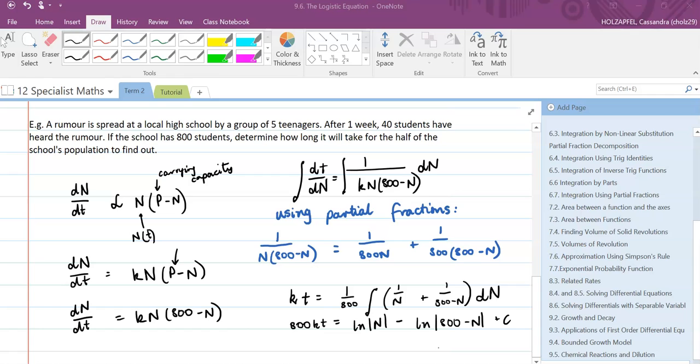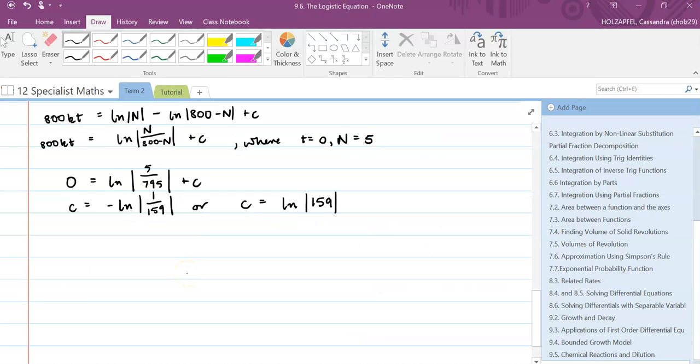So we're going to go ahead now and substitute in some values that we know so that we can solve for c. We know that initially there is a group of 5 teenagers spreading that rumor, so when t is equal to 0, N is equal to 5. So I've substituted in my values and found an exact value for c.